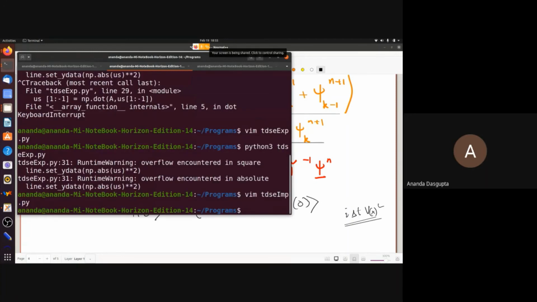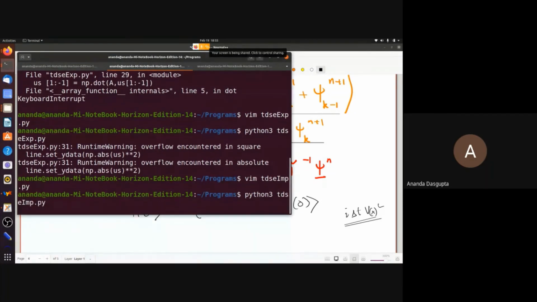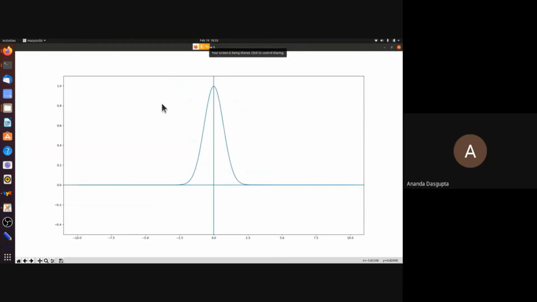Let's see what happens. Okay, what is happening? So this is your time evolution of the wave function.